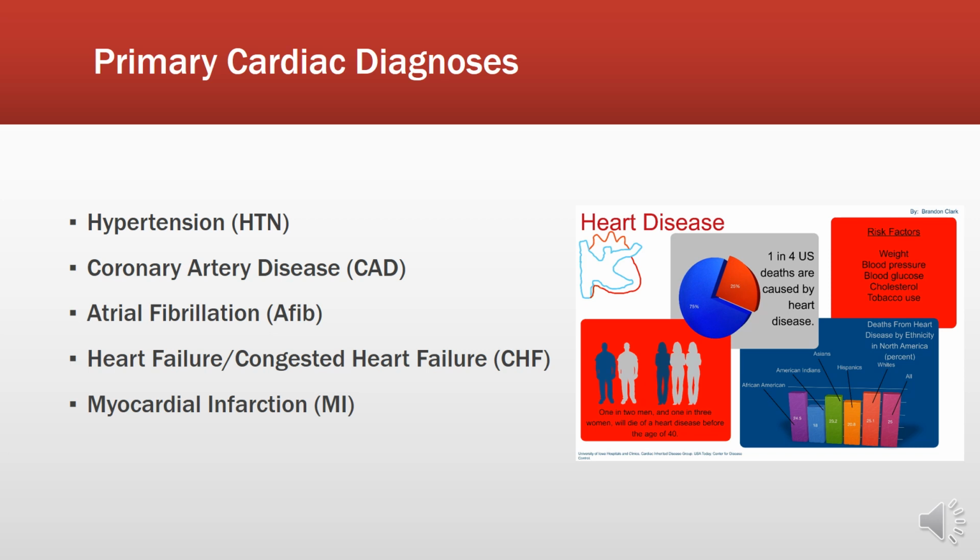The left or right side of the heart may be a result of a systolic dysfunction, and the heart is unable to contract efficiently and effectively, or the diastolic function when the cardiac heart muscle is unable to relax. So there's complications with those.